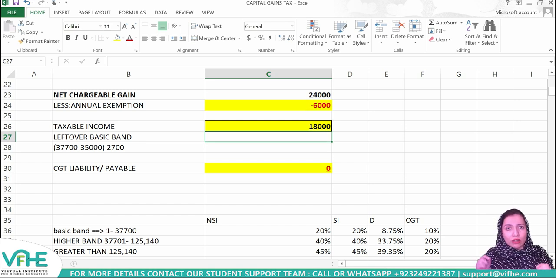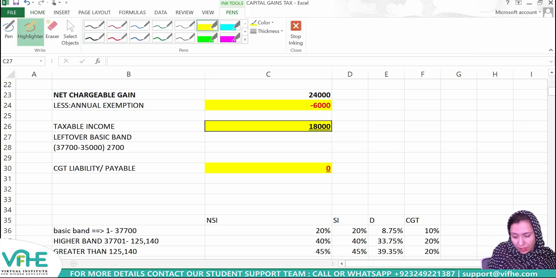This is the gain on which CGT liability has to be computed, and as I've already told you, the rates of CGT depend upon the basic rate band. First of all, the basic rate band will have to be used by non-saving income, and I hope you remember the rates. For non-saving, the rate is 20% in the basic rate band, 40% in the higher band, and 45% in the additional rate band.